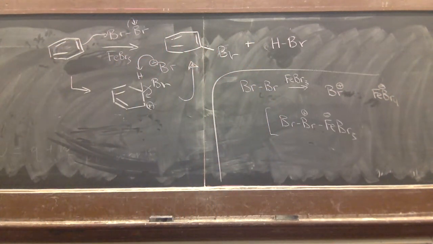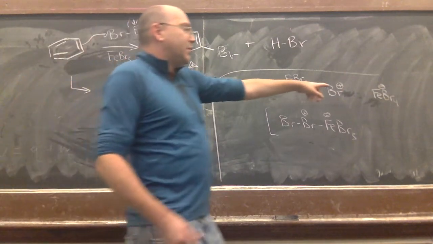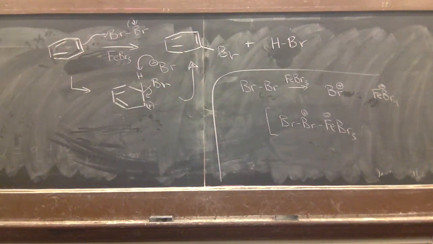What that ultimately means is then from the deprotonation, to get the Br minus, you'll have to dissociate that to regenerate that. So, okay, this is how you brominate an aromatic group.